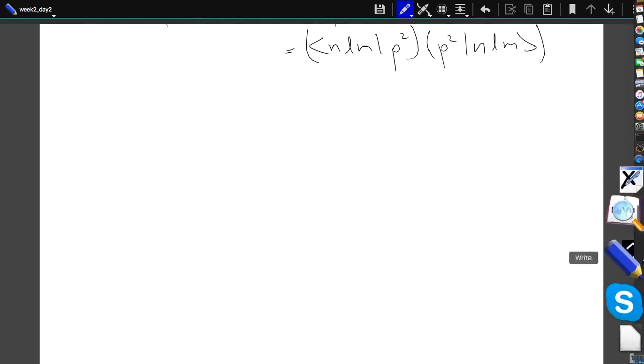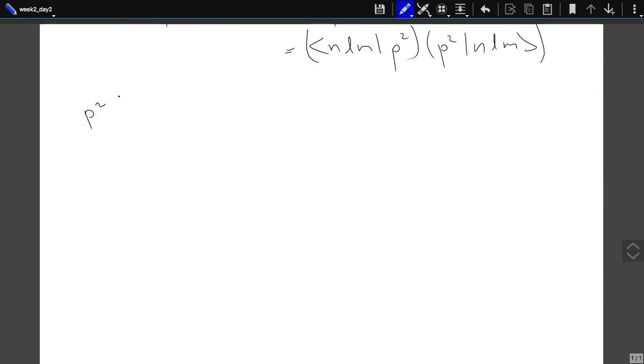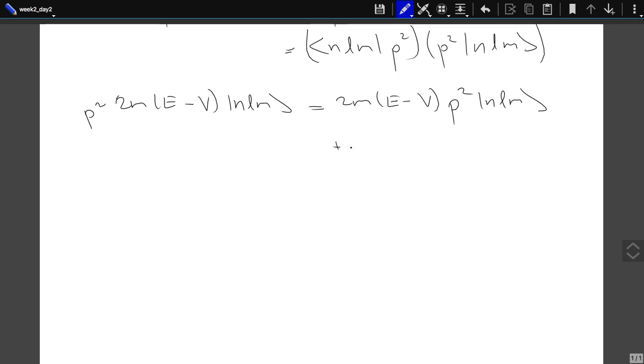So let's look at p squared acting on 2m (E minus V) acting on this state. Now I can write this as 2m (E minus V) times p squared acting on nlm, plus their commutator, acting on nlm.